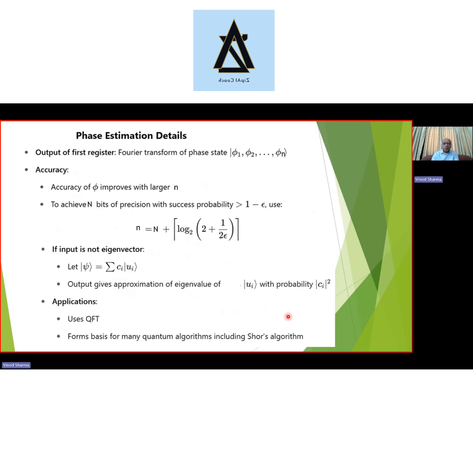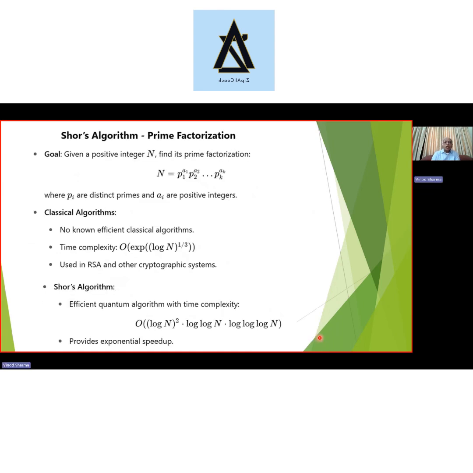And this algorithm, along with the QFT, is a basis of many other algorithms. In particular, the famous Shor's algorithm that we are going to discuss next uses this phase estimation. Now, what is Shor's algorithm? Shor's algorithm attacked a very serious problem in number theory.